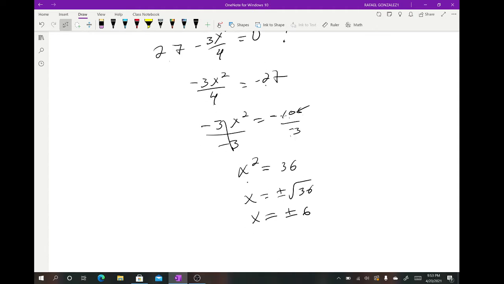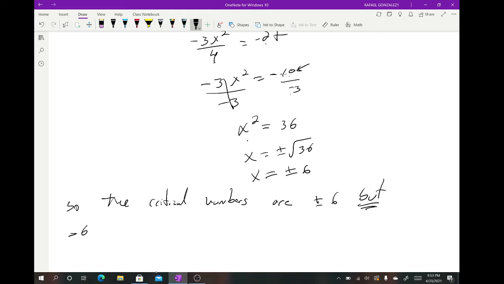Now, the critical numbers are plus or minus 6, but negative 6 is outside of our domain. Remember, our domain is 0 to radical 108.